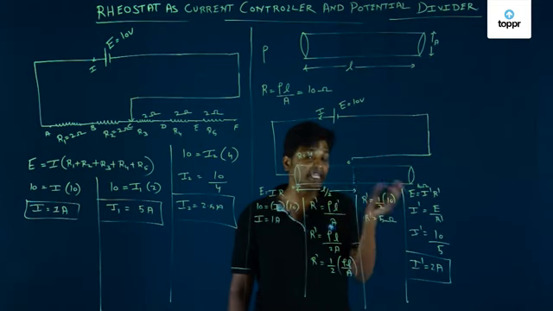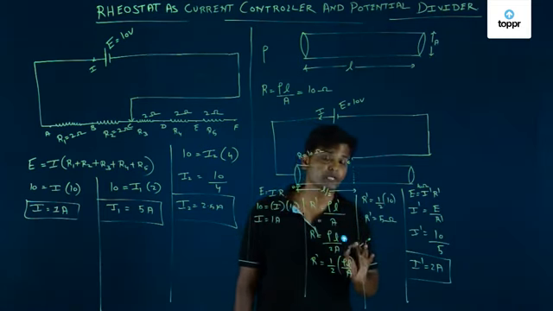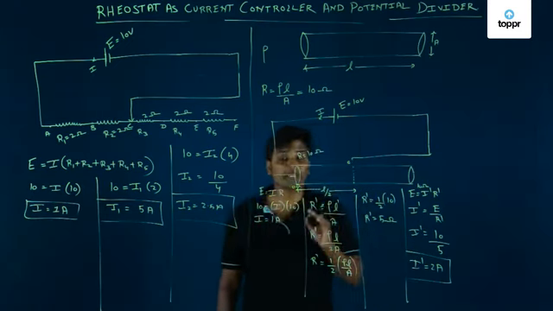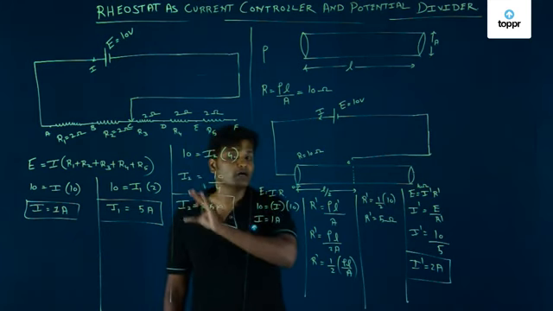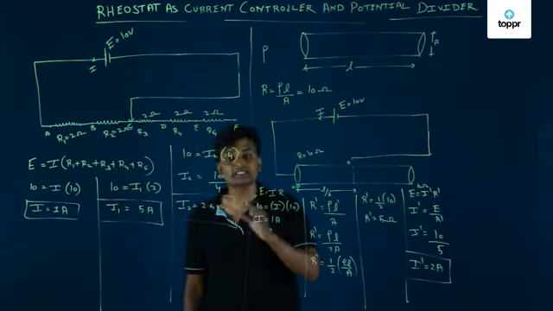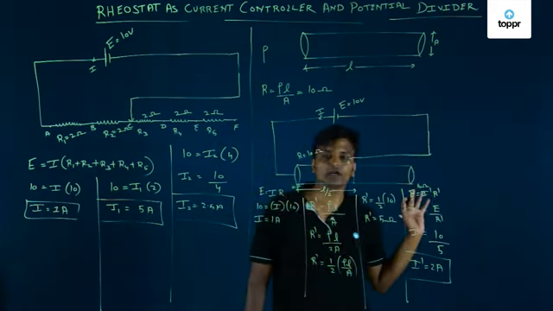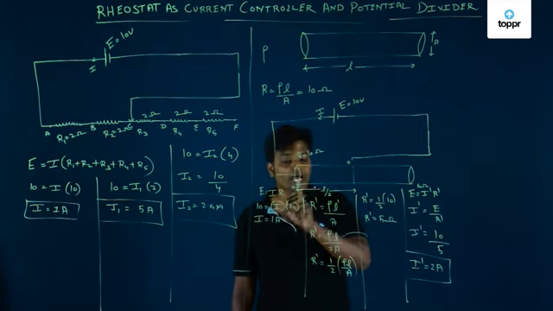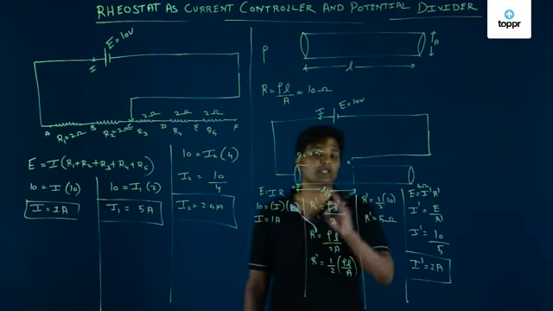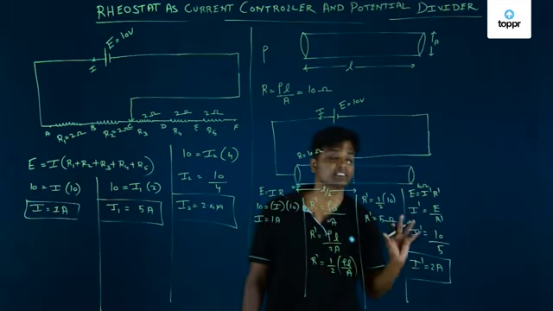If I am having any amount of resistance, I can have any amount of current flowing through the circuit. That means my constraint of getting a discrete amount of current is now gone. I am free to have any amount of current, because I am having a continuous variable resistance.